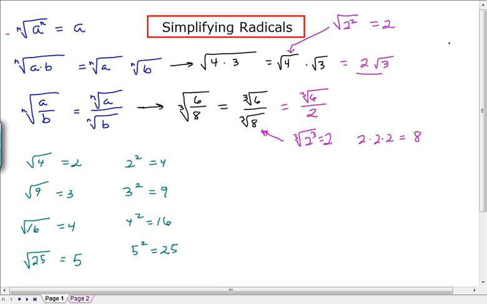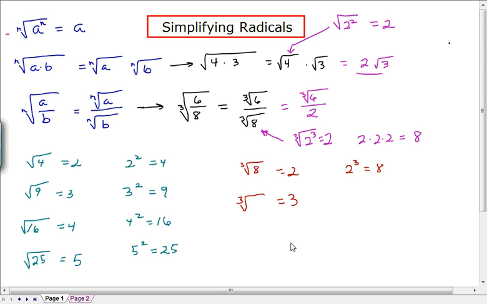Let's look at some cubed roots. The cubed root of 8 we said was 2. Why? Because 2 cubed is 8. So what is it?